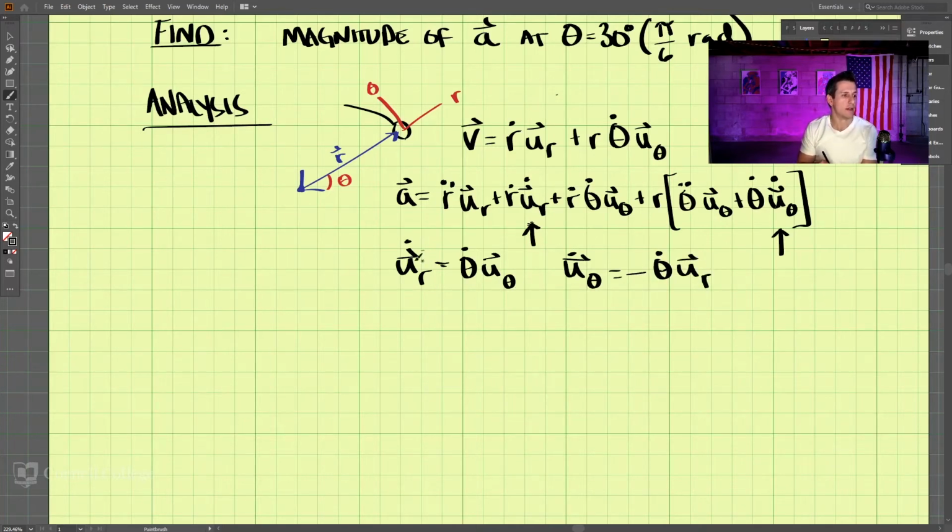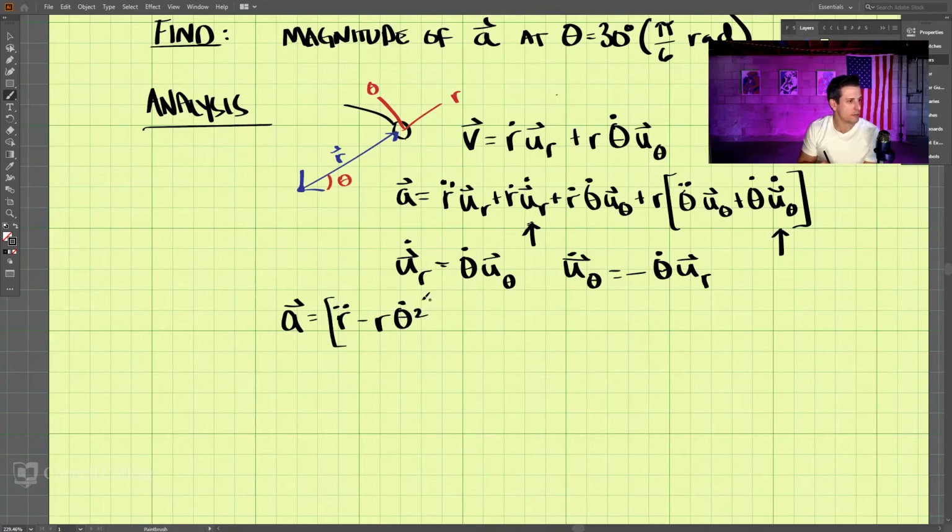Okay? All right, the book explains this, but we can just sub that in. So we get this acceleration equation here, which comes out to be, in the radial direction, r double dot minus r theta dot squared.